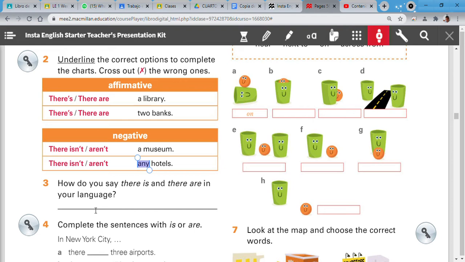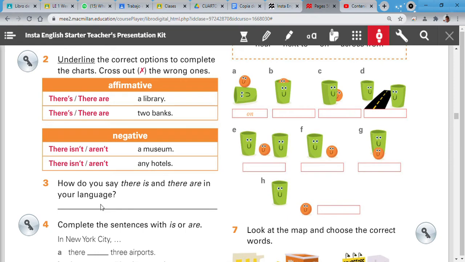Well, in our language, if I say there is or there are, they mean hay, for quantity. There is a library, hay una biblioteca. There are 2 banks, hay 2 bancos. That is the idea, easy as that.